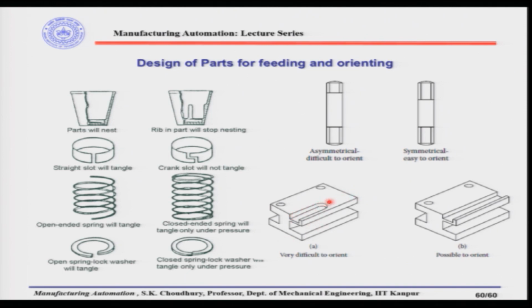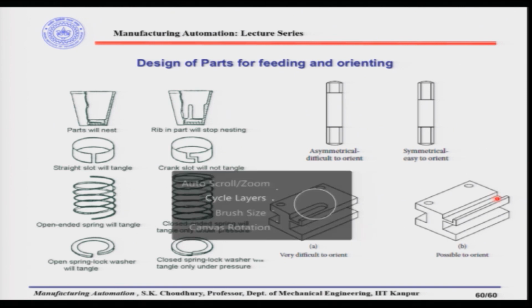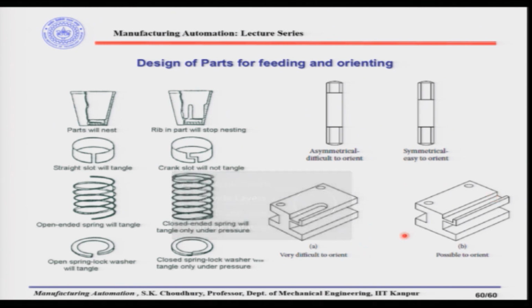So, if we are extending that, in that case it will look like this diagram, and here it will be very easy to orient, because this orienting device can base on this surface, whereas here there is no base, because it is not open, meaning that there could be some part here based on which this part can be transmitted, but here it is not possible because it is closed, as you understand.